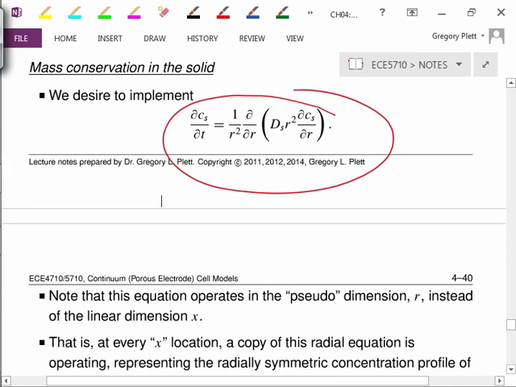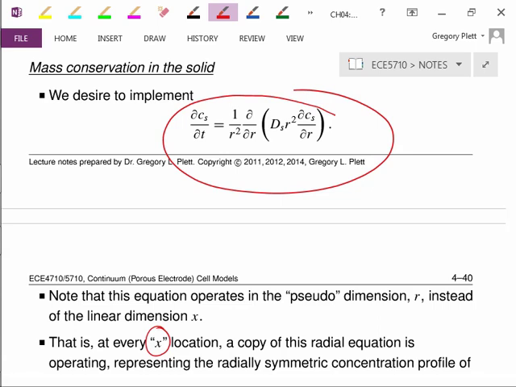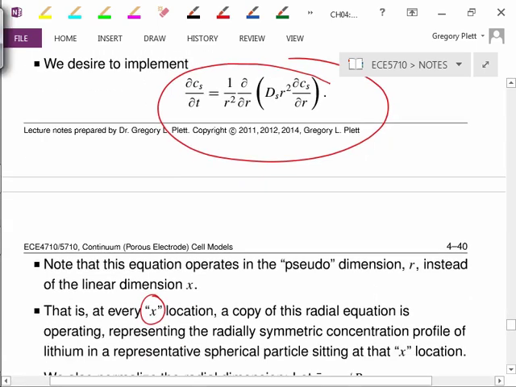And what it means is, at every x location in the cell, I am actually running an independent copy of this radial location to say what is happening inside of the radially symmetric particle that's at that location. So when I say the cell, I really mean at every x location in the negative electrode and the positive electrode. We don't have mass conservation in the separator region because there's no solid in the separator region.